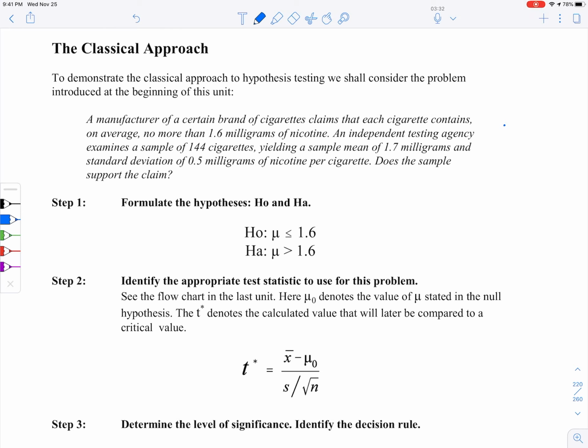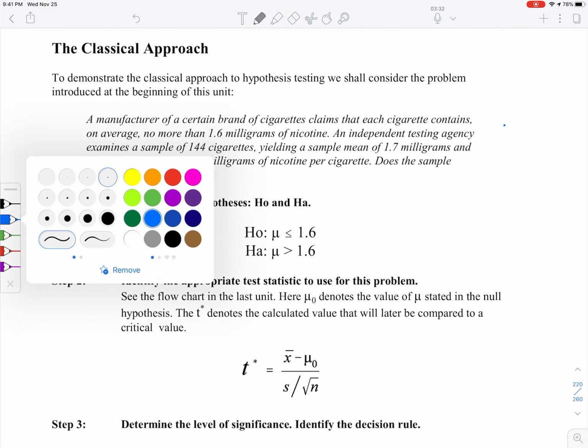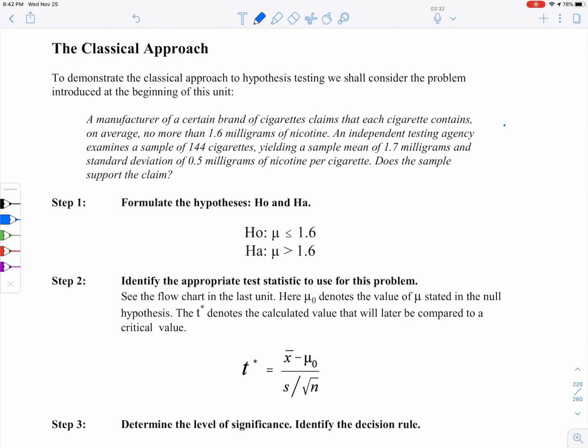But let's take a look at this problem, and we're going to go back to the cigarette example, and we're going to use something called the classical approach for hypothesis testing. So, to get back to where we were on this one, a manufacturer of a certain brand of cigarettes claims, telling us that this is a hypothesis test, that the cigarette contains on average, so that's a mu, no more than 1.6 milligrams of nicotine.